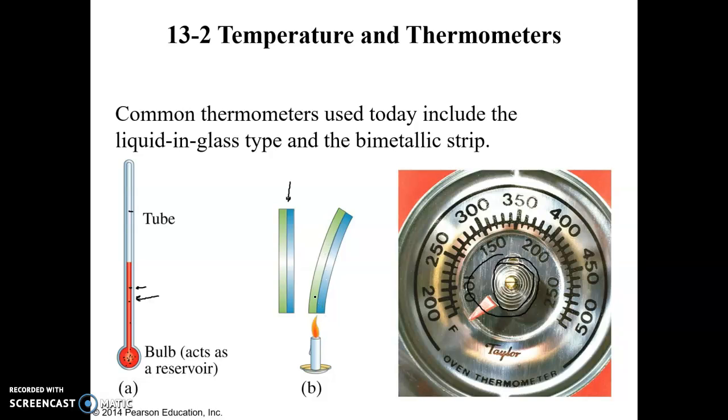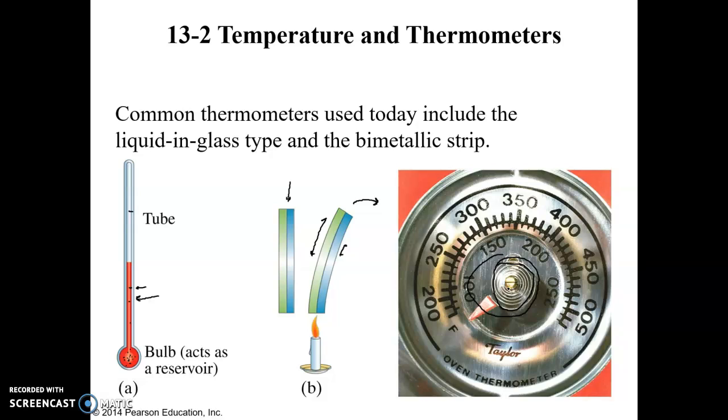And when they are heated, the two metals will expand and contract at different rates. In this case, it's being heated. The green one is expanding more than the blue one. So rather than expanding in a straight line, it curves off to the side because the green one is expanding more than the blue one is.